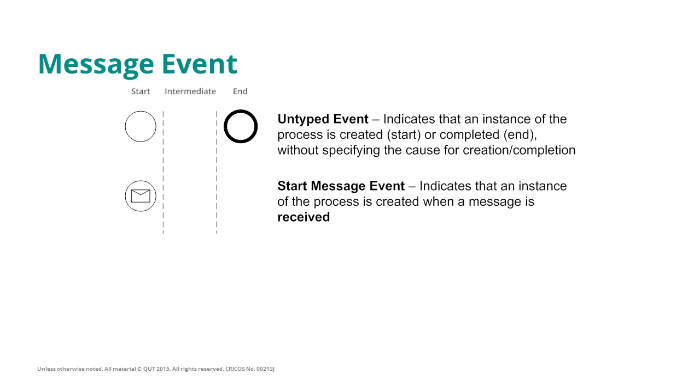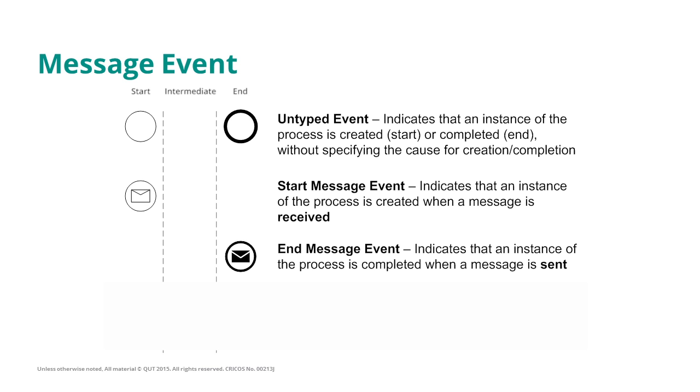So we have an end message event, which is represented by a circle with a thick border, which is marked with a black envelope. Now, this is used to signal completion of the process upon sending a message. For example, this process completes by sending a notification to the customer, a notification that the order has been approved or that the claim has been rejected.